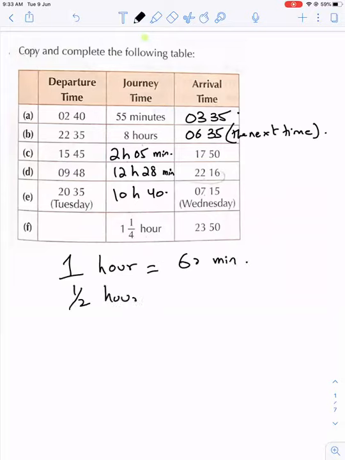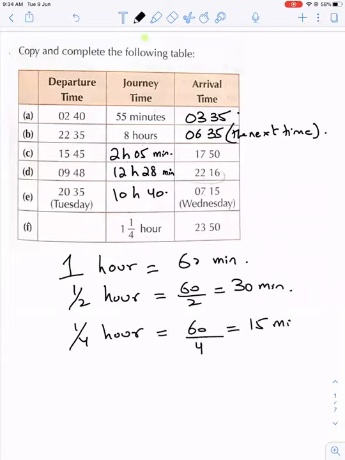Half an hour is 60 divided by 2, which is 30 minutes. 1/4 of an hour is 60 divided by 4, which is 15 minutes. And 3/4 of an hour is 60 multiplied by 3 upon 4, which is 45 minutes.